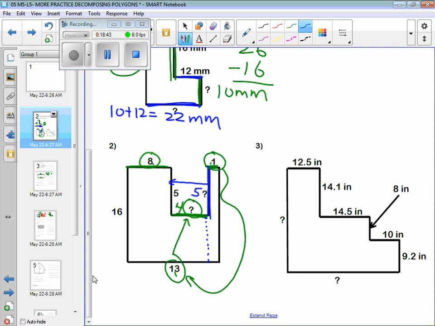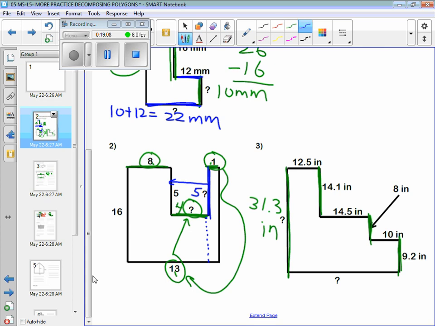All right, last shape on this page. I have to find the large vertical, so I'm going to add my smaller verticals: my 9.2, my 8, and my 14.1. And that gets you 31.3 inches.